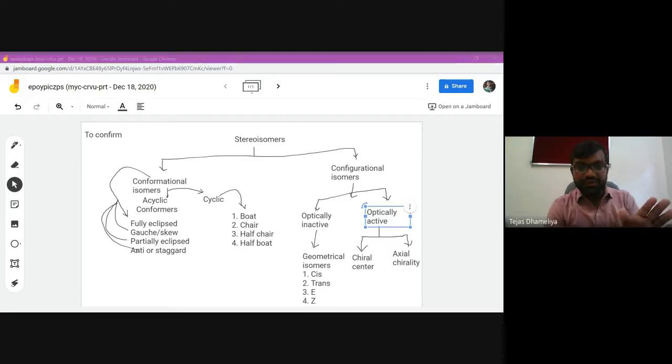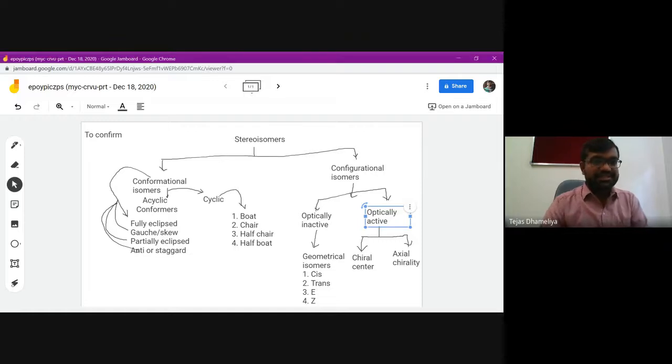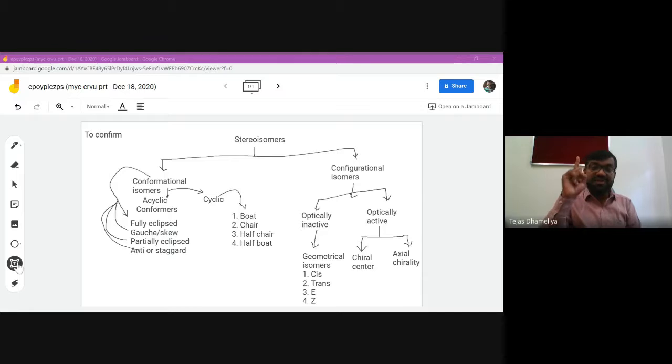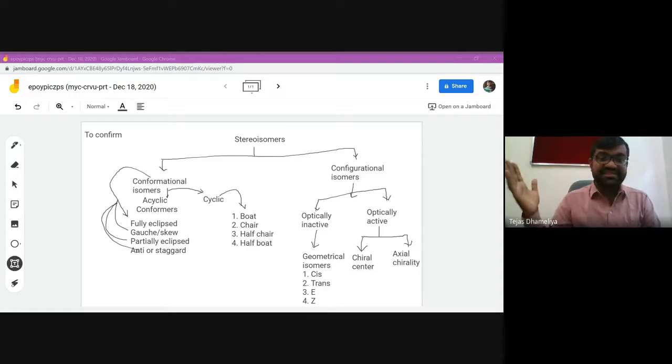Now let me show you first the chiral center. Van't Hoff and Le Bel were the first two scientists who discovered the chiral center. A carbon which is connected with four different valencies is called a chiral center. Many people also say chiral carbon.